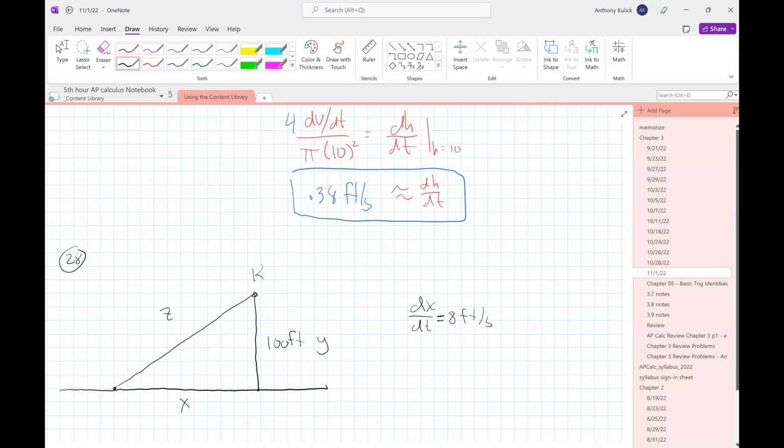And it asks, what is the rate at which the angle between the string and the horizontal, so I'll call that theta, so d theta/dt, when 200 feet of string have been let out. So right away I know that this needs to be a negative value, right?